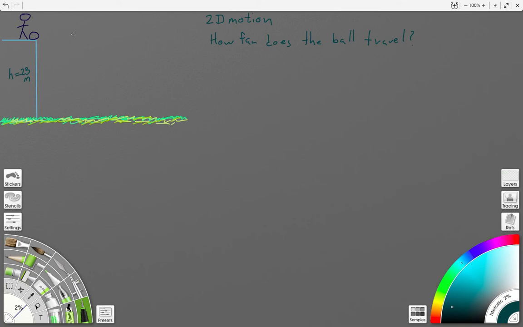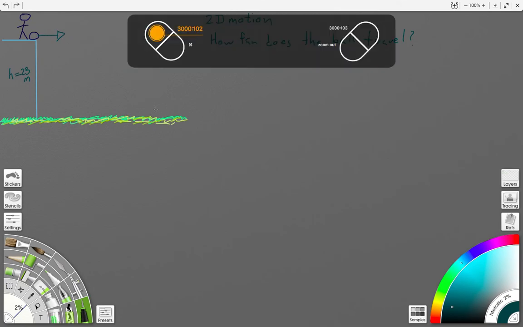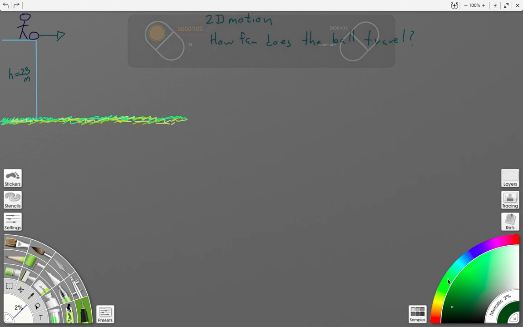So let's look at the setup we have here. We have a person on top of a 23-meter ledge, so pretty high up in a building, and this person decides to kick this ball in this direction. Okay, so he kicks the ball in this direction, and the ball does something like this. Let me draw that better using another color.